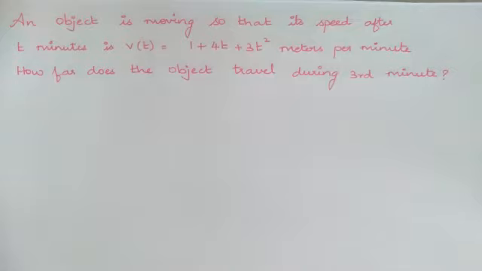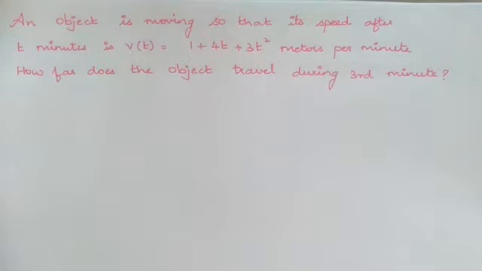Now we are going to find out how far the object travels during the third minute. During the third minute, in the sense, it is the small interval which lies between the second and the third minute. That is after the second minute, till the third minute gets completed.